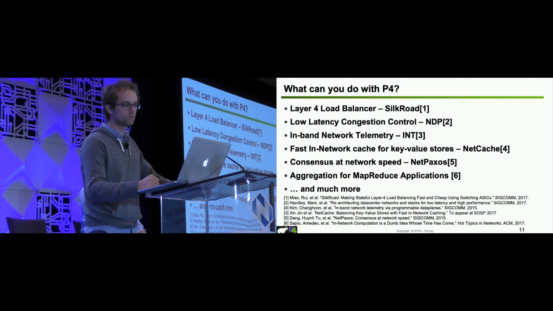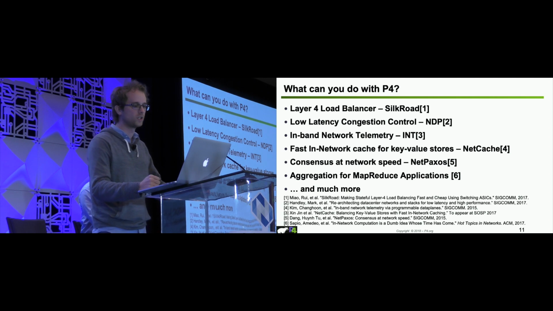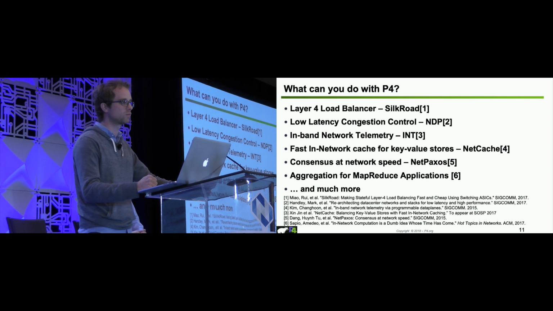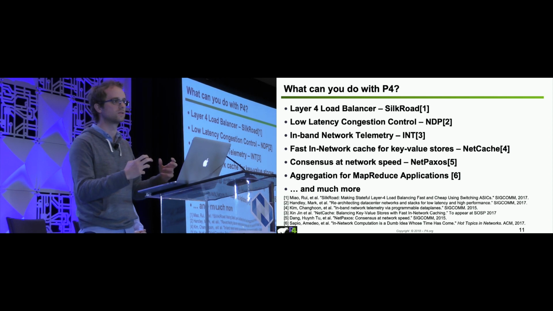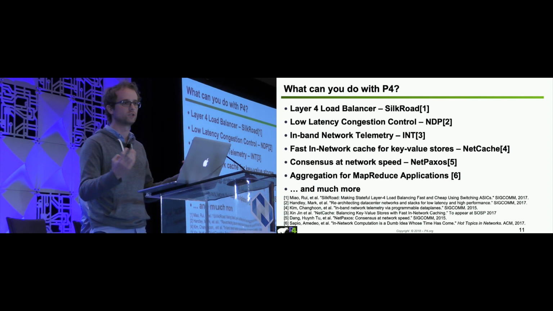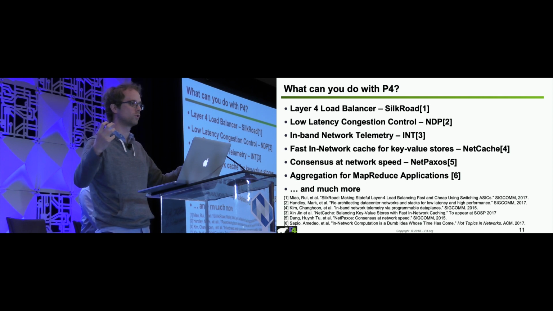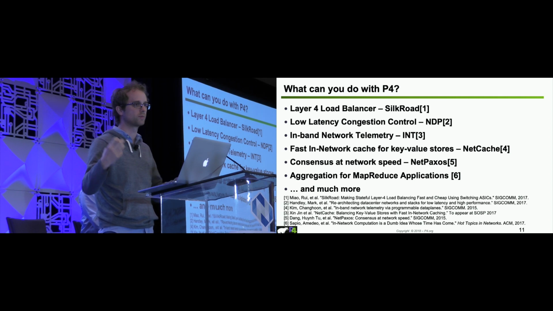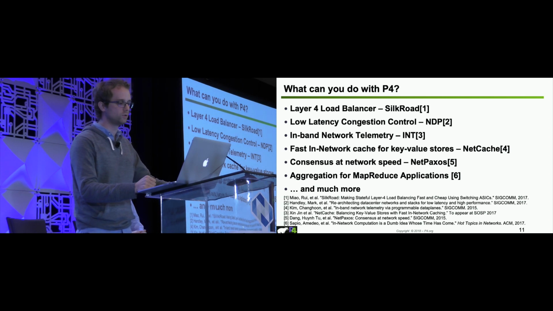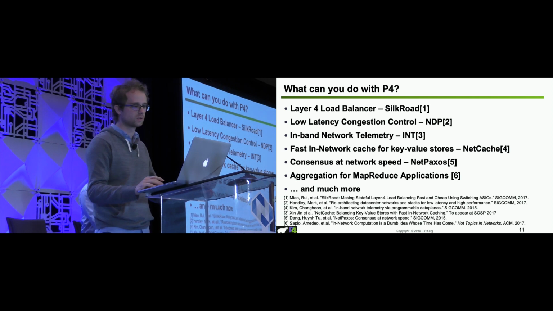And then you have a few machine learning applications to reduce weights, for example, directly inside the network, because usually when you run machine learning algorithms on clusters of GPUs, you're generating a lot of traffic because every GPU needs to know about every computation result by every other GPU. In this case, we're able to do a lot of the work in the switch itself to reduce that I/O pressure on every GPU.